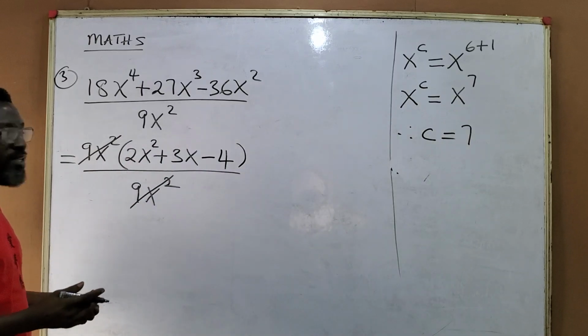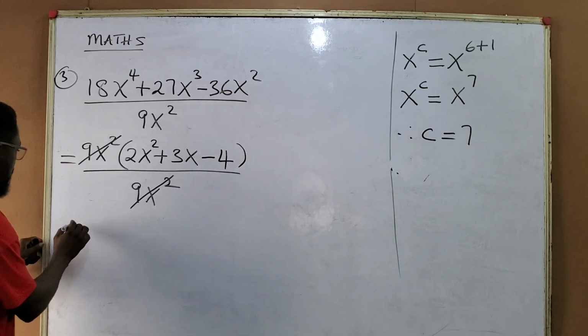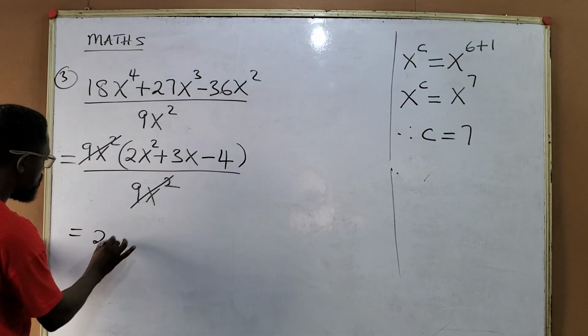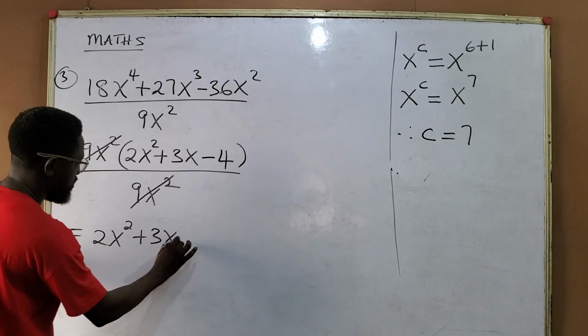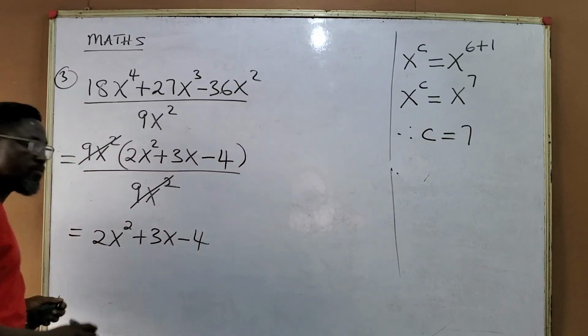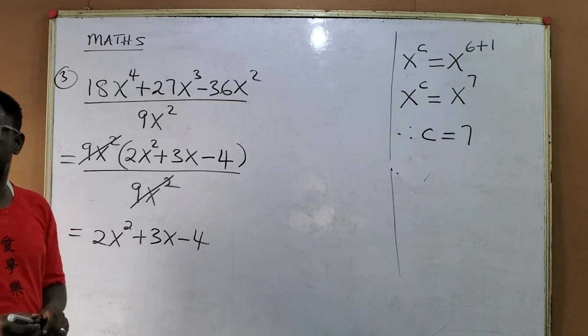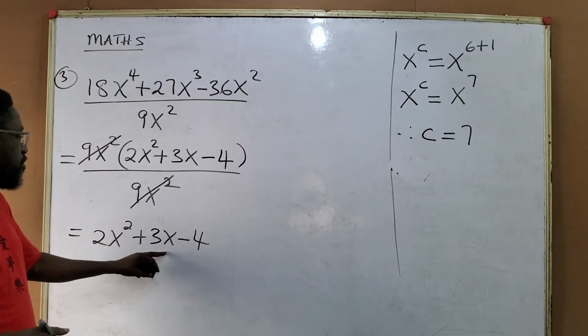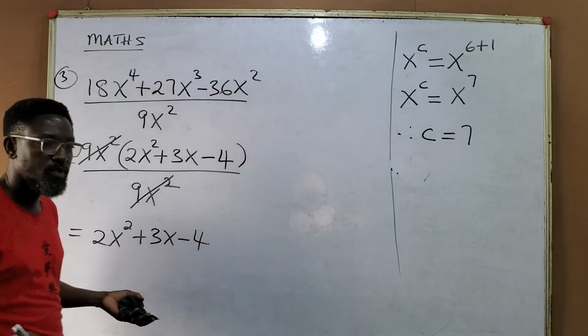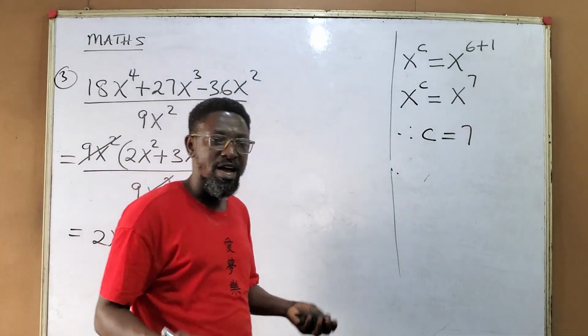Just as simple as that. That means the final answer becomes 2x squared plus 3x minus what? 4. It's actually an objective question, so we go back and check the options. You should find 2x squared plus 3x minus 4. It's as simple as that.